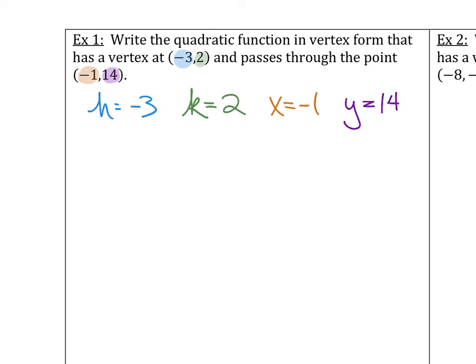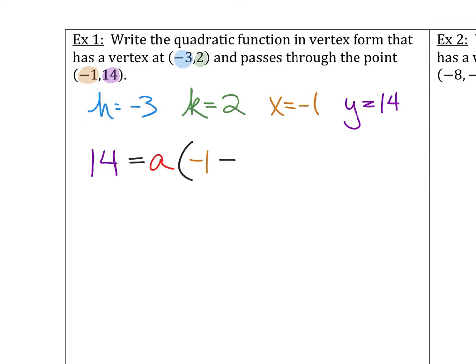Fabulous. I'm just going to fill in equation number 13 on my formula chart, so you should be able to look at it. It starts with f of x, which is the same thing as y. So we're going to have y equal to a. I don't know a, so I'm going to leave a like that. Then I have an open parenthesis, and I have the letter x. Then I'm going to subtract.